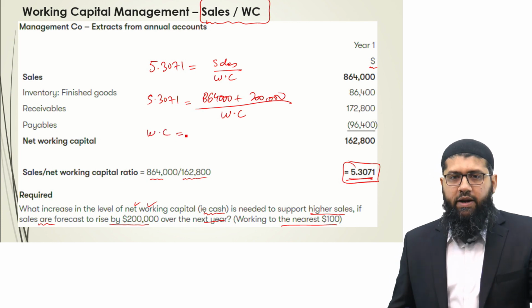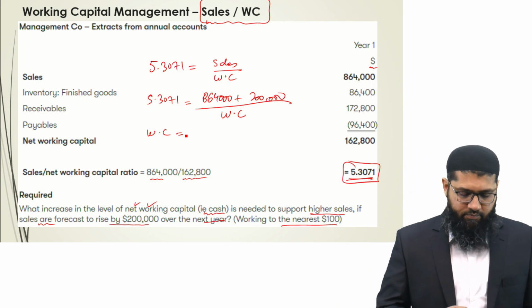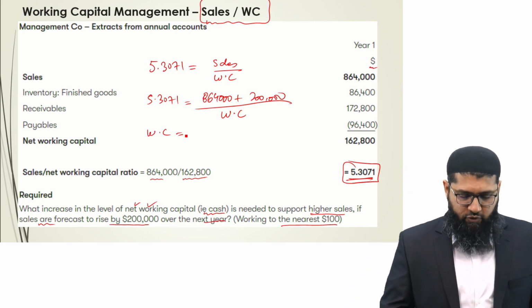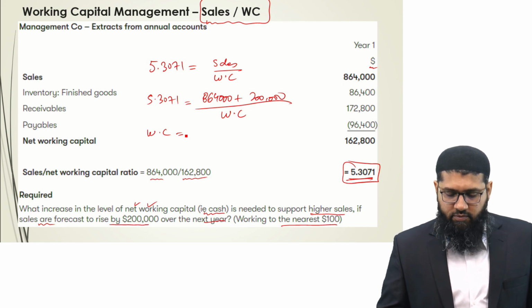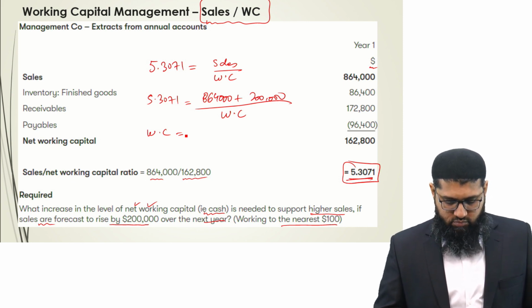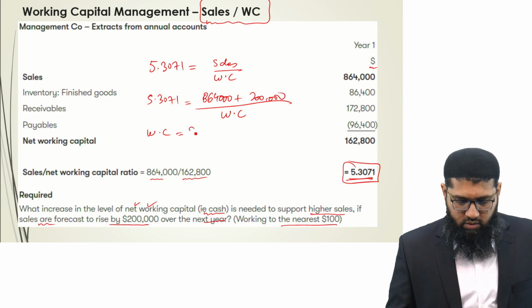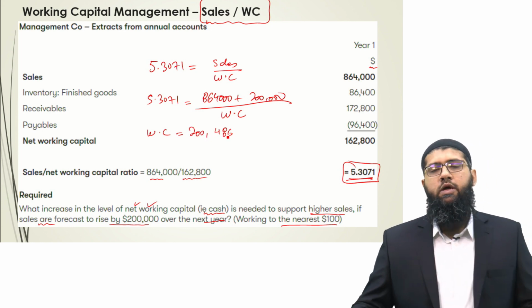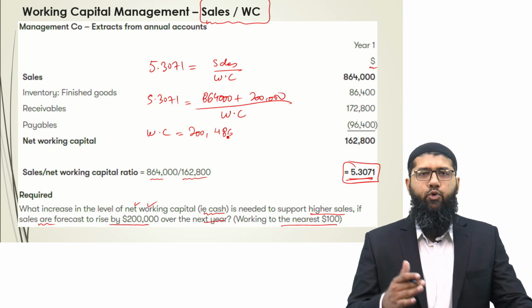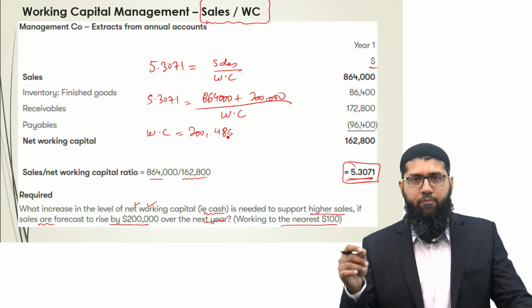And then we would say the working capital is going to be 864,000 plus 200,000 divided by 5.3071. This is going to be 200,486. So if your working capital becomes 200,486, you will be able to achieve this ratio of 5.3071.